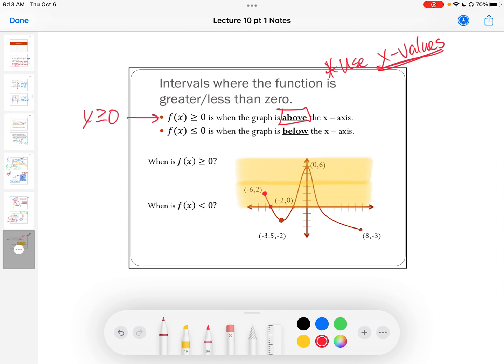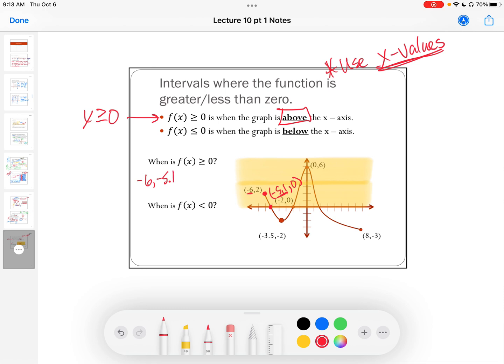And I'm only going to use my x value. So I'm going to say that this is negative 5.1. I think I used 5.3 earlier, but that definitely looks more like negative 5.1. Okay, so I'm only going to look at my x values here. So I have negative 6 to negative 5.1.